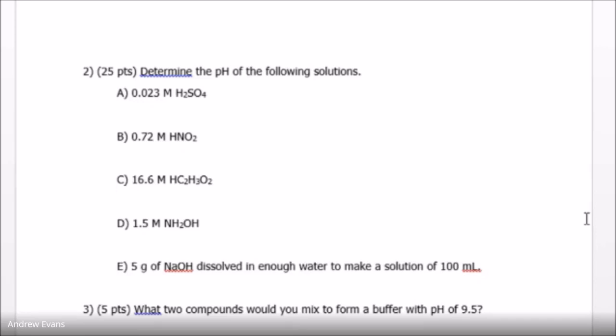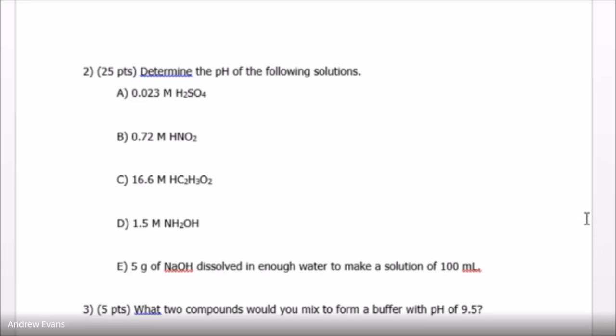Let me look up NH2OH. Hydroxylamine. Wikipedia will actually solve that.